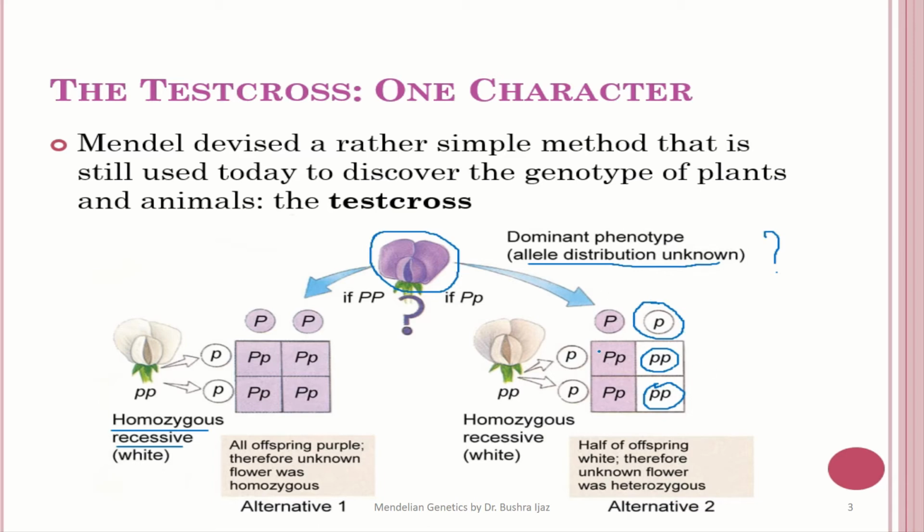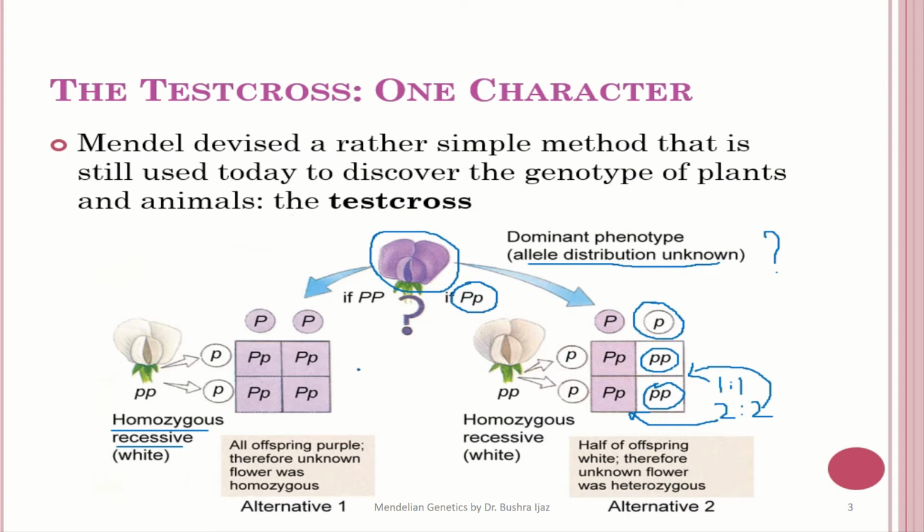If the resulting progeny shows this ratio of 1:1, or you can say 2:2, 2 purple and 2 white, in this case you can identify the genotype of this flower plant, which is heterozygous dominant, with capital P and small p.